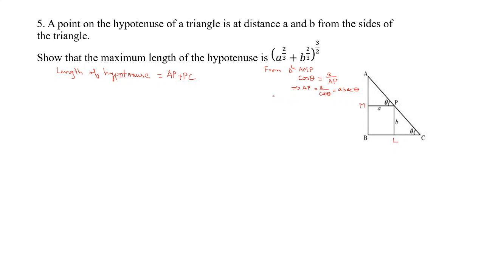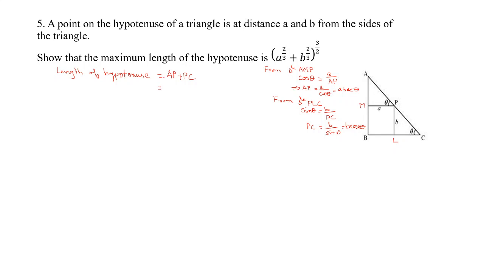Now similarly from triangle PLC, sin theta equals B by PC, or PC equals B by sin theta. So it's equal to B cosecant theta. So AP is equal to A secant theta, PC is equal to B cosecant theta.